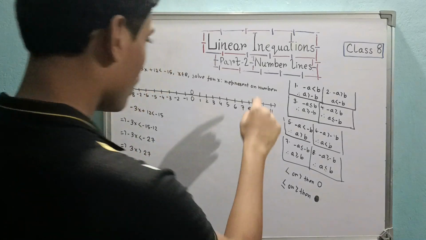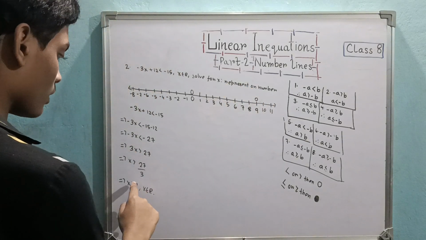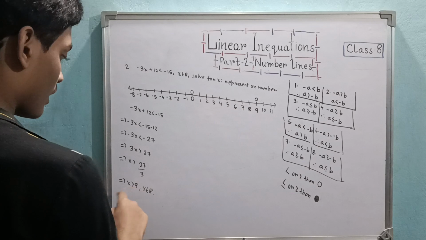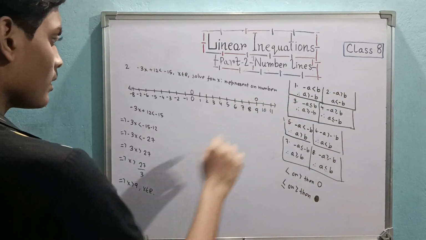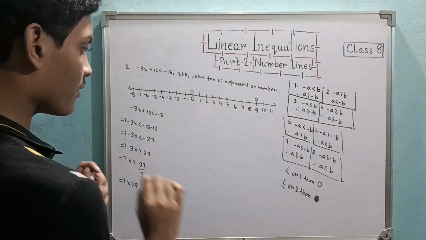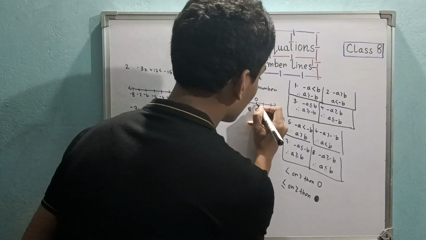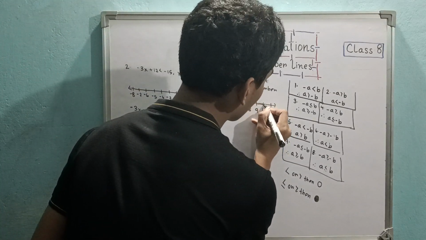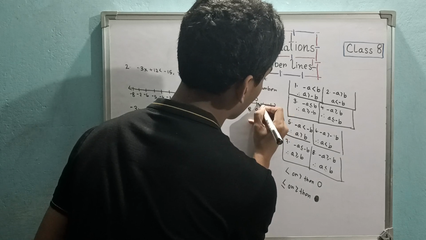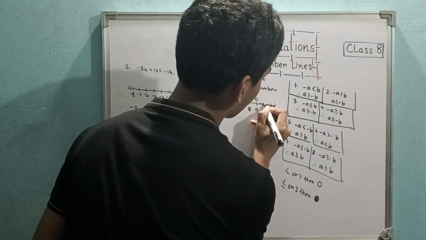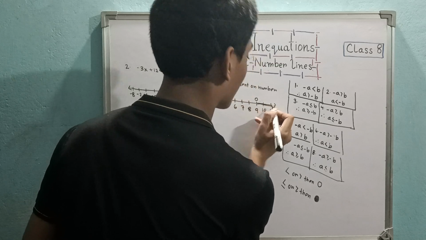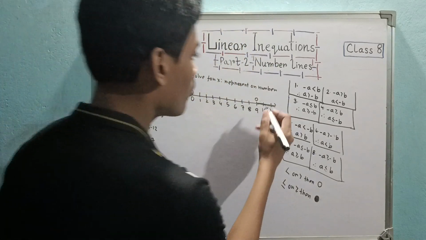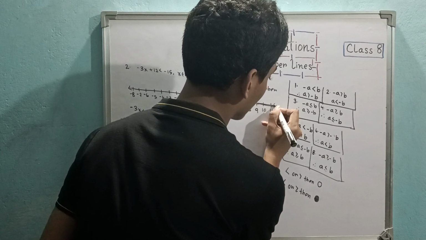When you put the hollow circle or the darkened circle on the given number, now see, greater than 9, that means after 9 in this direction till the number line ends here, we have to make it thicker. So let me do that. I will make it a little bit thick. It looks thicker, right? Yes, it is. I hope that you can understand this.